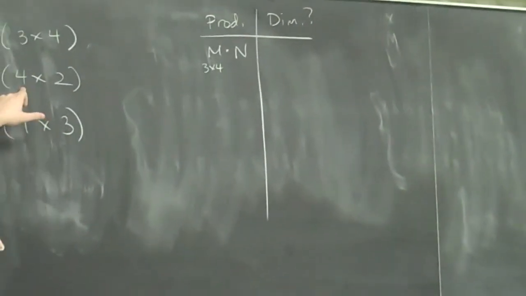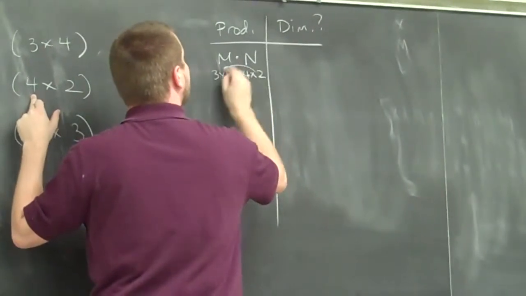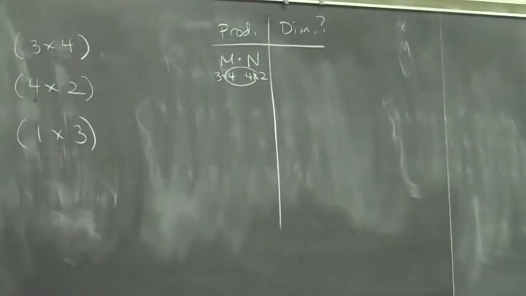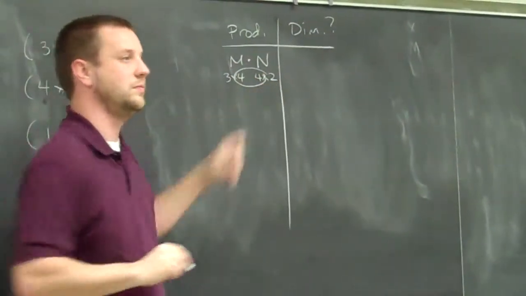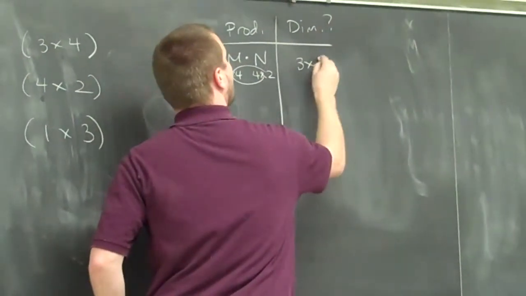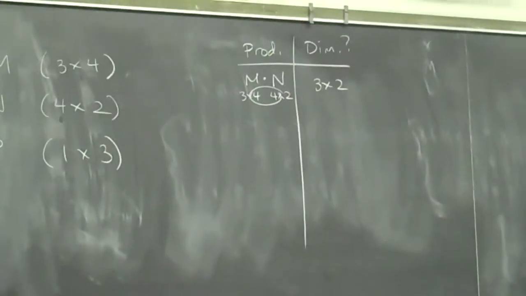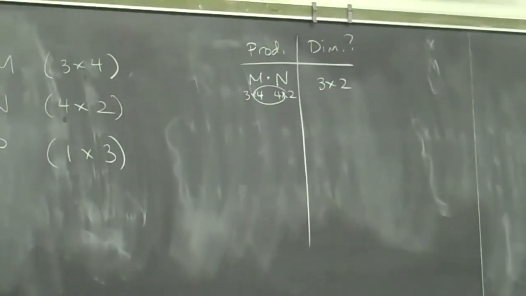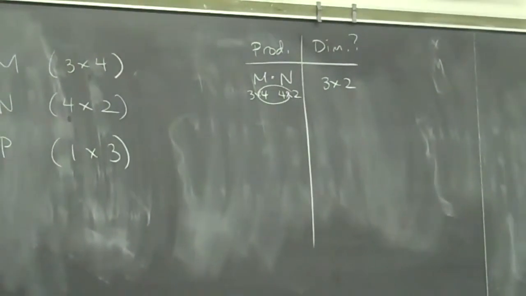And the dimensions of N are 4 by 2. Are those two numbers the same number? So what I get is a 3 by 2. If I take a 3 by 4 matrix times a 4 by 2 matrix, I get a 3 by 4 matrix. No, 3 by 2 matrix, I lied. I wrote it down right though.